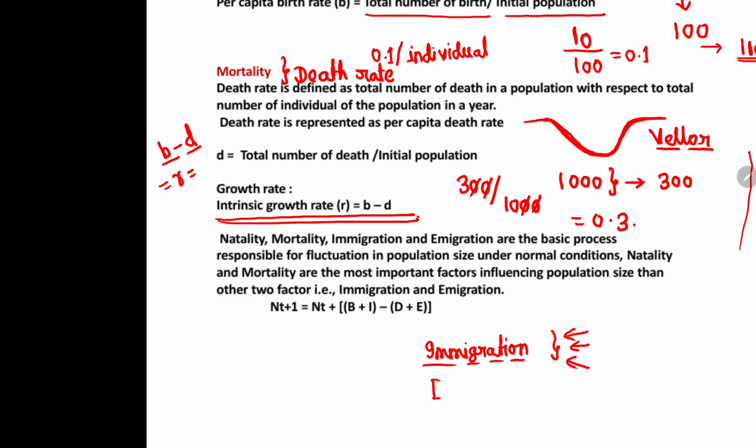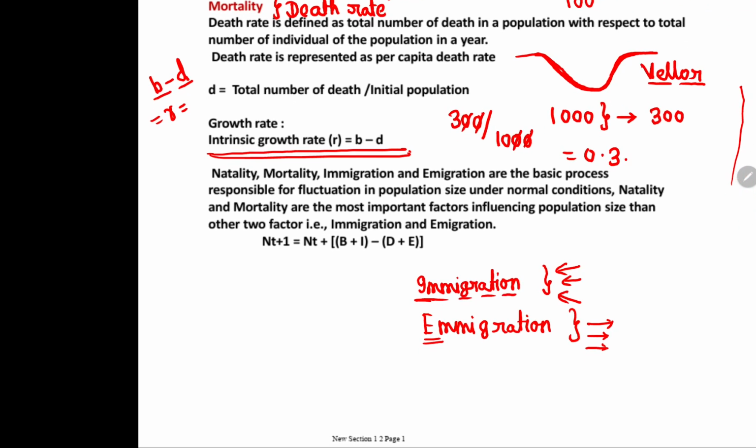Then the next term we have is emigration, E for elephant. Emigration means some people are leaving that population, so obviously the number of individuals will decrease. E for exit, I for entry.